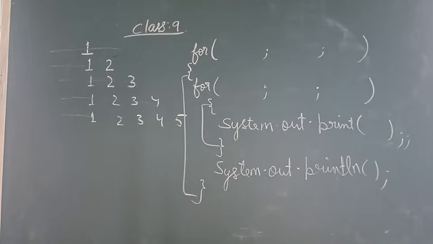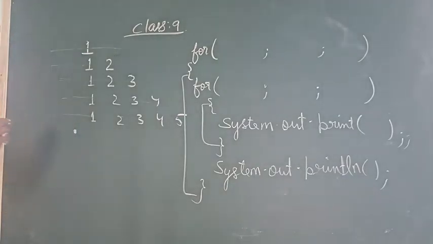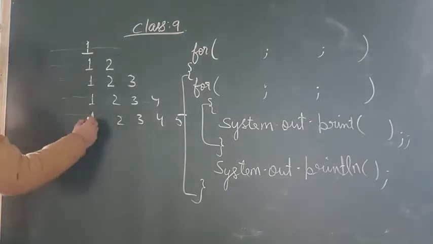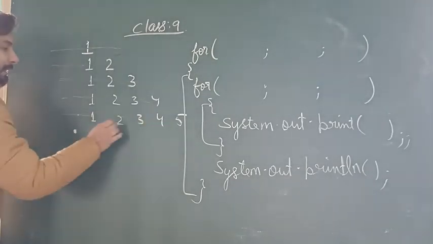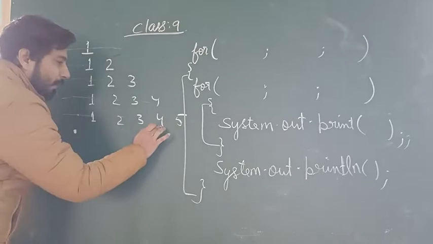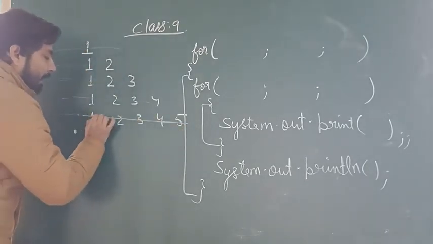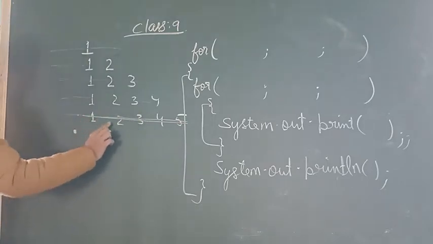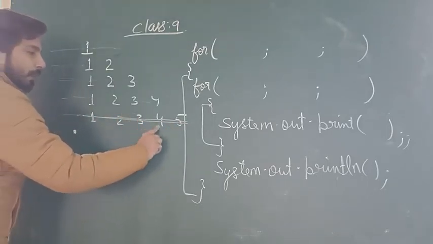When we are using this pattern, I will write some points that you should also write. The first point is, first see the maximum length line that is printed, 1, 2, 3, 4, 5. Check whether they are the same value or different values. They are different, because 1, after that 2, 3, 4, 5.